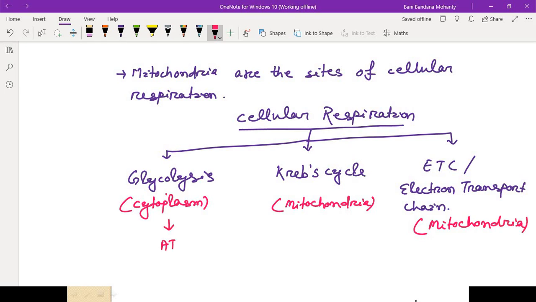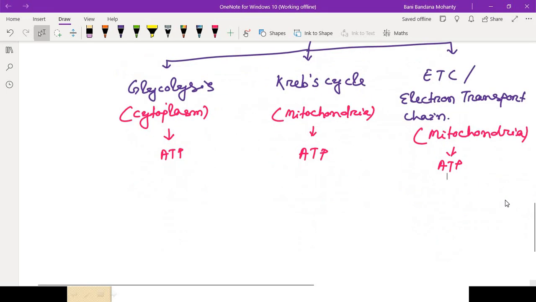These three kinds of cellular respiration, commonly called cellular respiration, liberate ATP. ATP is the energy coin. The energy is present inside it, and when the cell requires energy, the ATP reaches that cell.